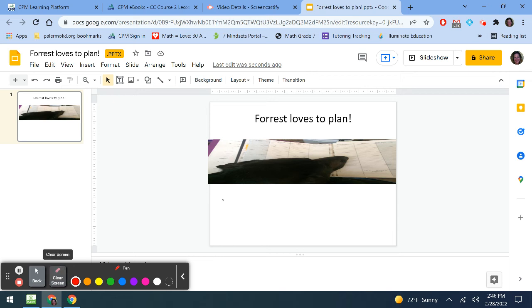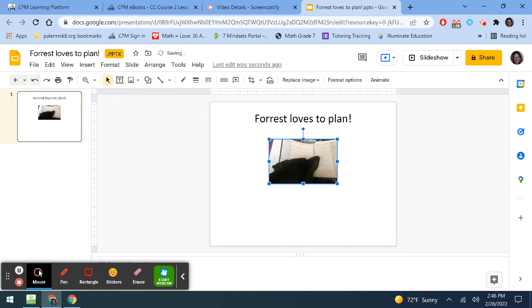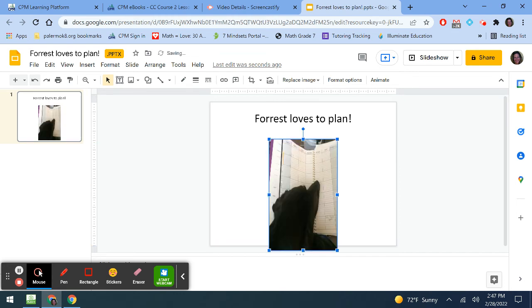So what I'm going to do instead is go back. I'm going to undo it, and I'm going to try to make it bigger a different way. So I'm going to extend out the length or the width this way.